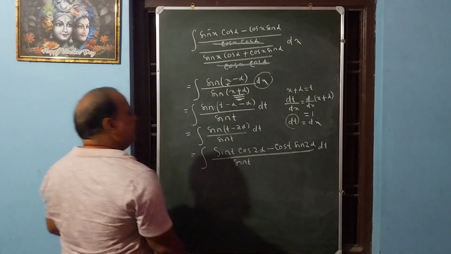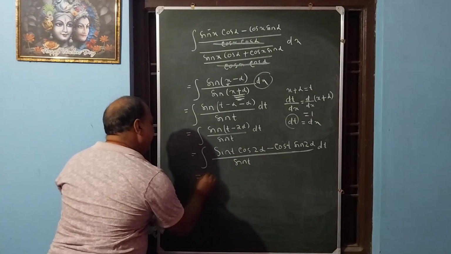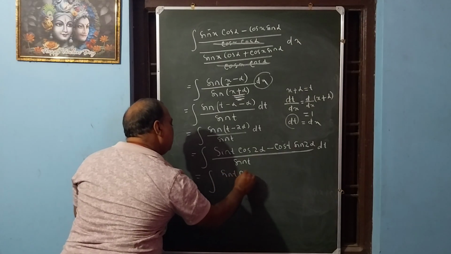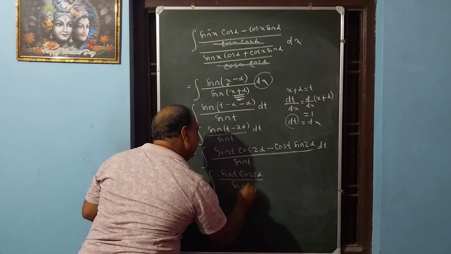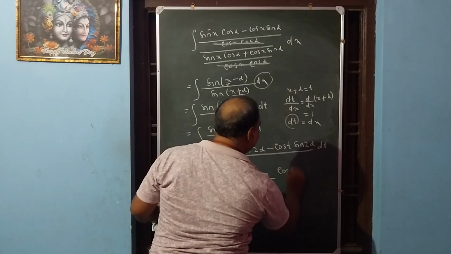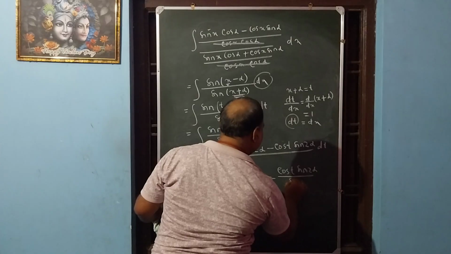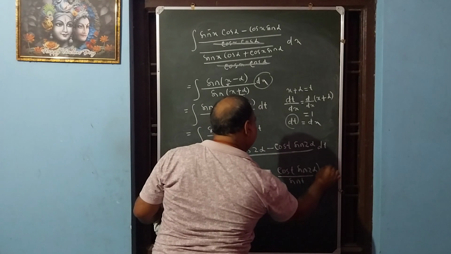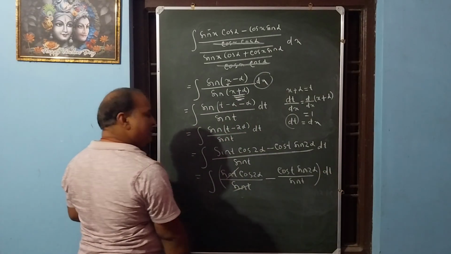Now dividing individually, this by this minus this by this, we get sin t into cos 2 alpha divided by sin t minus cos t into sin 2 alpha divided by sin t, whole into dt. So this sin t is cancelled with this sin t.